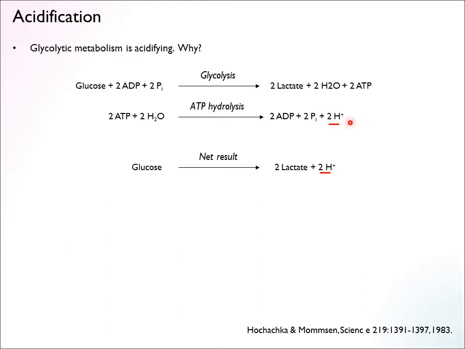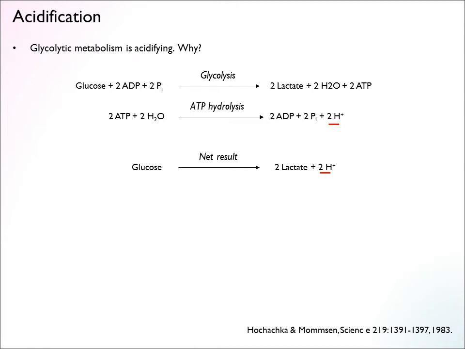So this is the acidifying part. So if you couple glycolysis with ATP hydrolysis and you have no respiration or anything like that going on, then the net result is that glucose gets converted to lactate. You do a lot of work with the ATP that you make, but you get a leftover product of 2 protons. And this is why glycolytic metabolism is acidifying as a total.